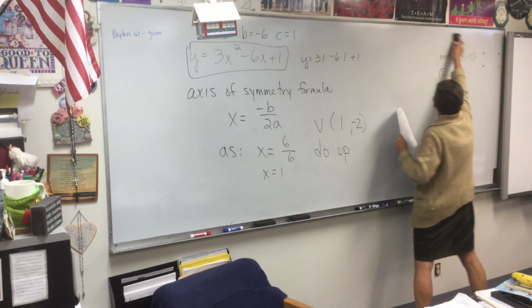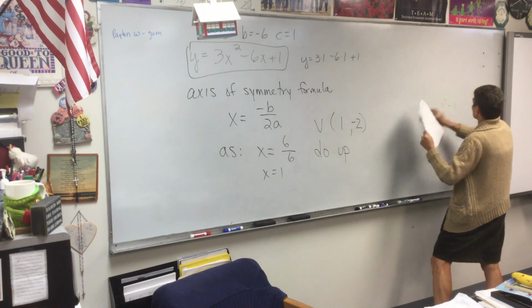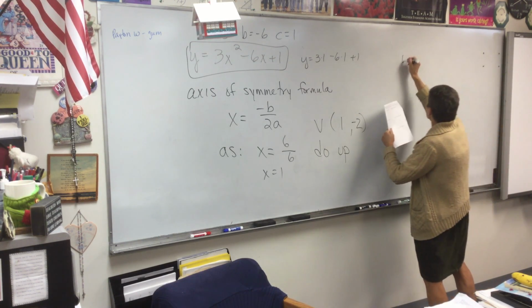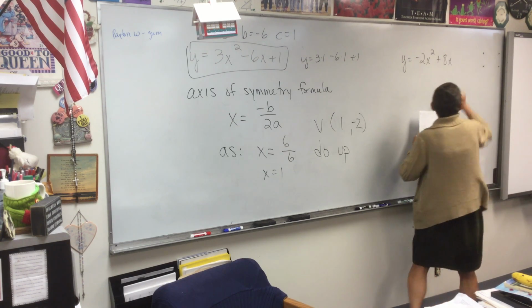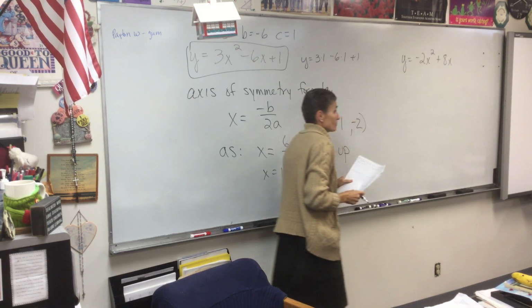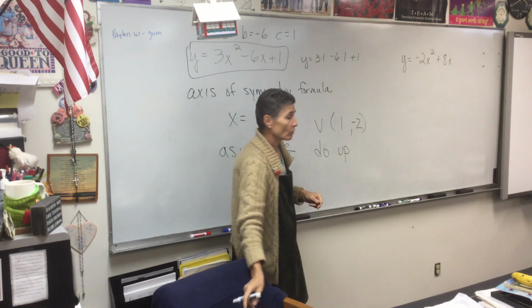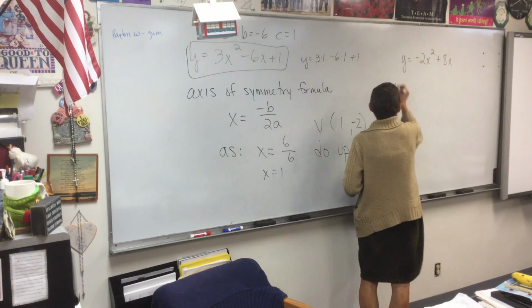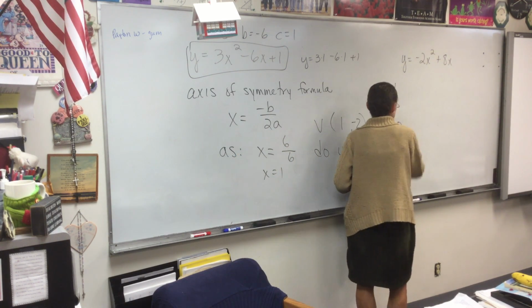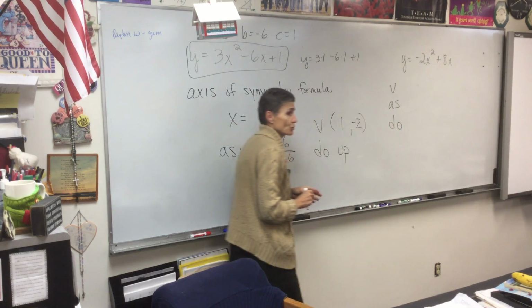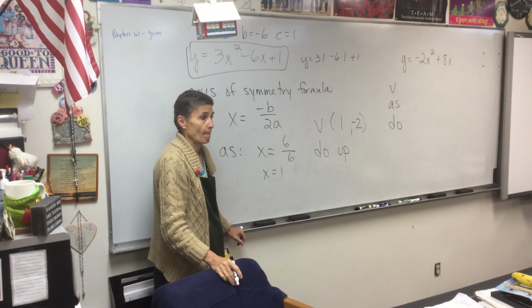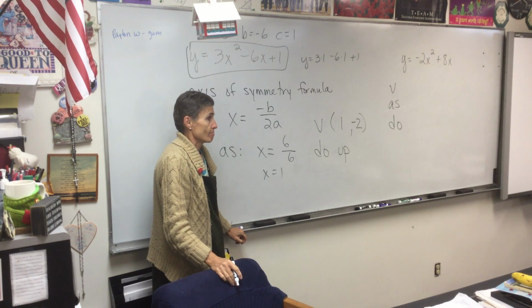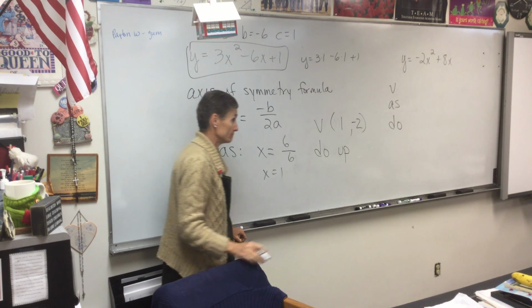Let's try the next one, letter B. We're going to find the vertex, axis of symmetry, and direction of opening. We're going to find all this using the formula.